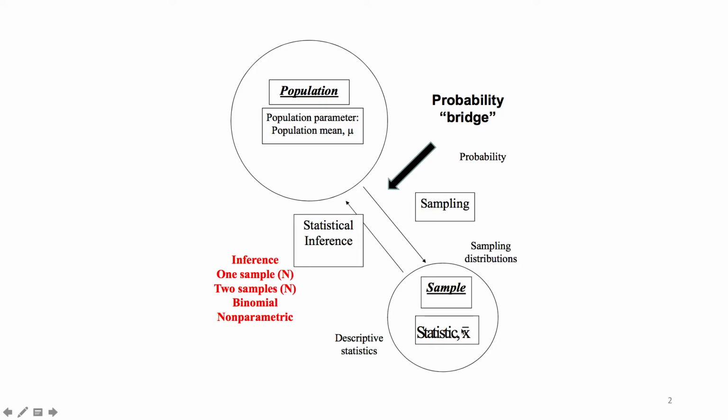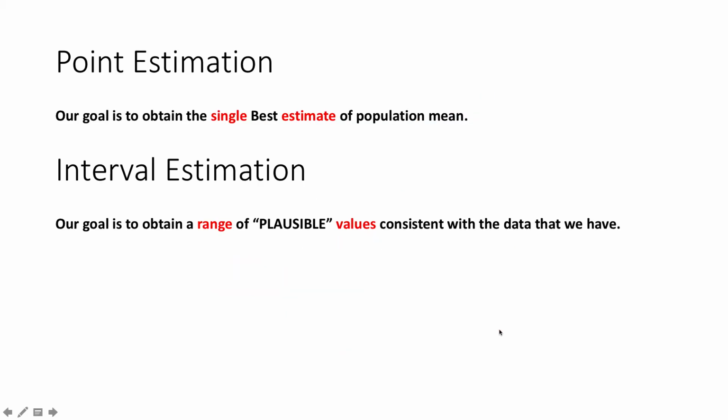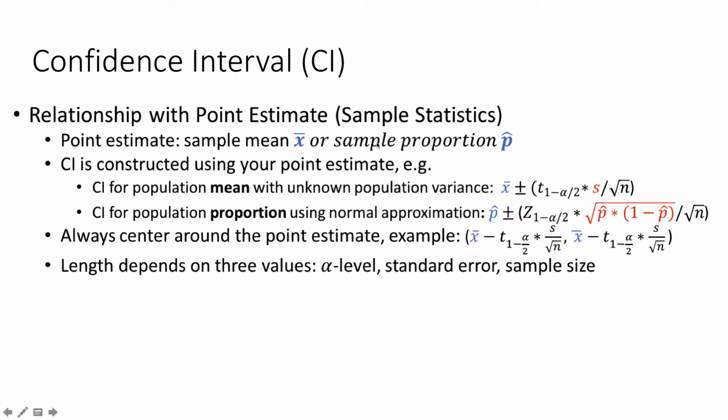We have the x bar and the s square. Both of them could be a point estimate. A point estimate is a sample statistic, like the sample mean x bar or the sample proportion p hat. And the confidence interval is constructed using your point estimate.